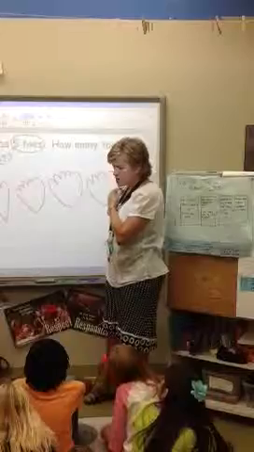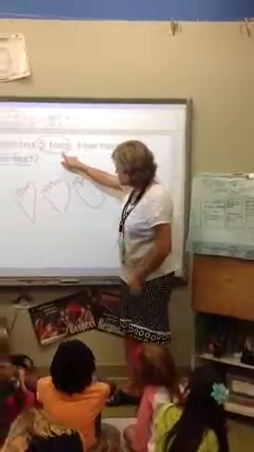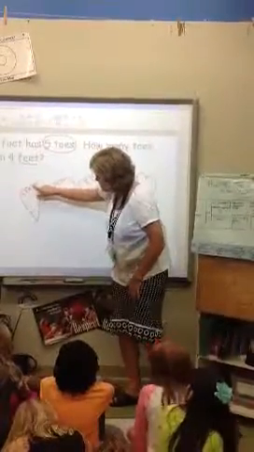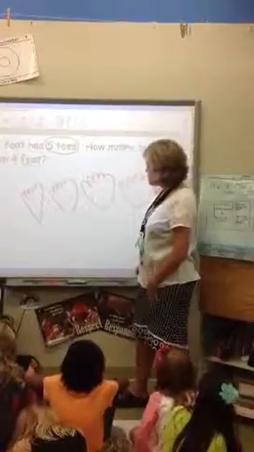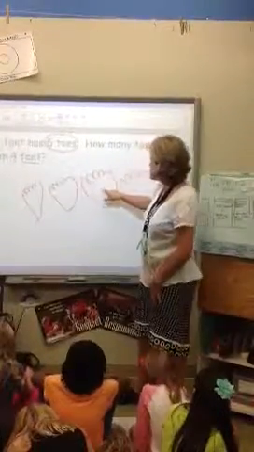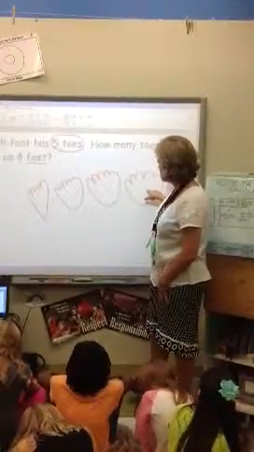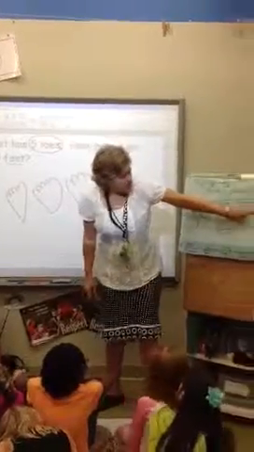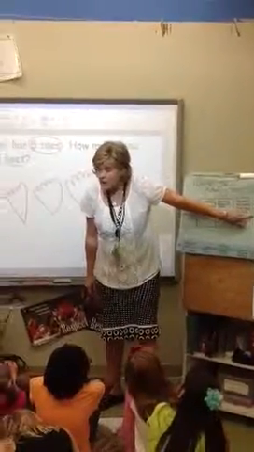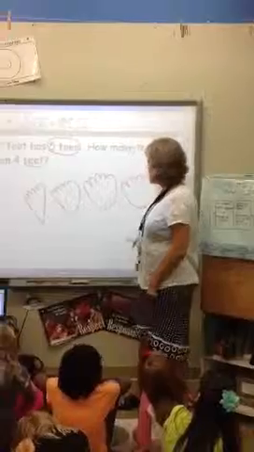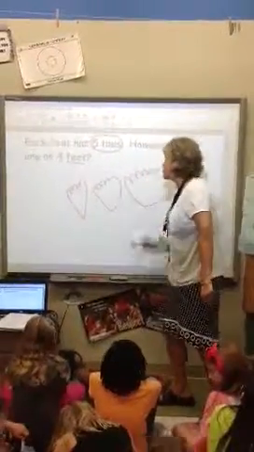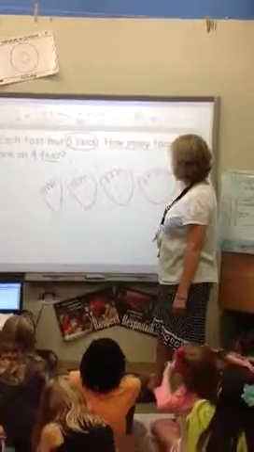I'm going to just go back and check in my problem. I have 5 toes. 1, 2, 3, 4, 5. And I have 4 feet. 1, 2, 3, 4. Now I'm going to find the total number of items in all. It wants to know how many toes I have.